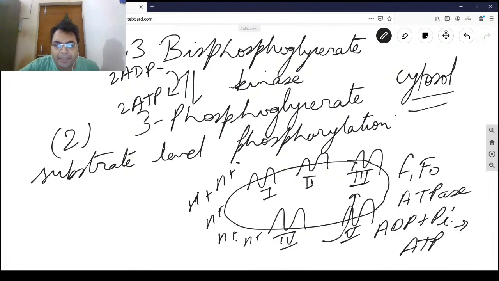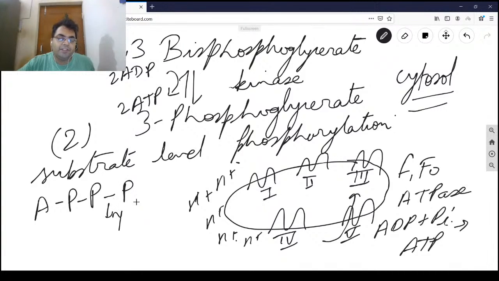You can see 1,3-bisphosphoglycerate. So from the first carbon, I am taking one phosphate group out, and that phosphate group is coming with the energy of the bond breakage, and that energy is used to make the bond between ADP and convert it into ATP. The third triphosphate bond is produced, this gamma phosphate bond, and now ATP is produced.